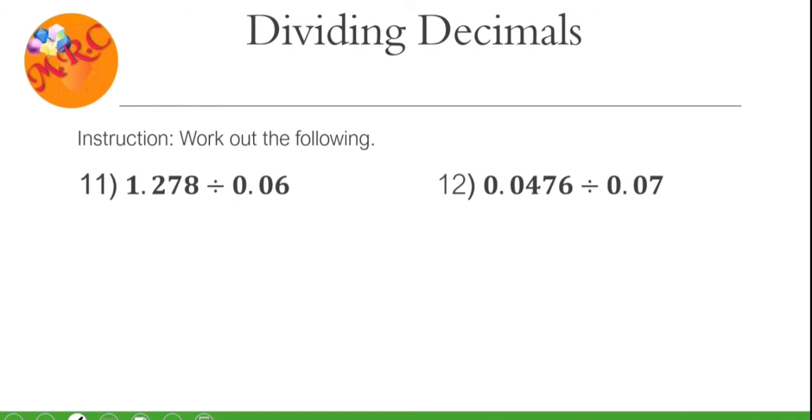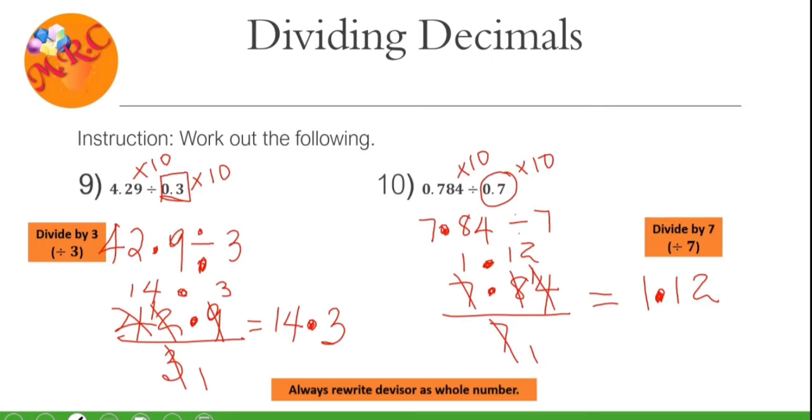Alright, continuing. So now we're at number 11. Work out the following. So same decimal being divided by decimal, but this time what do you notice? In our divisor, it's 2 digits after the decimal point. So previously we had 1 digit after the decimal point and we multiplied by 10.